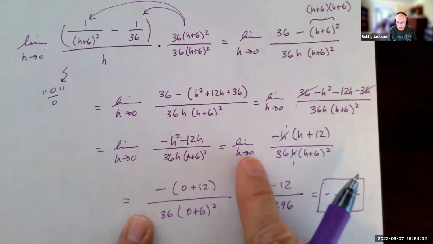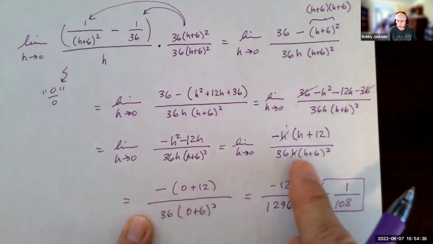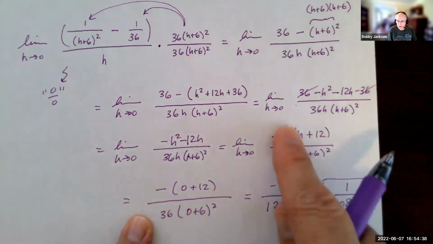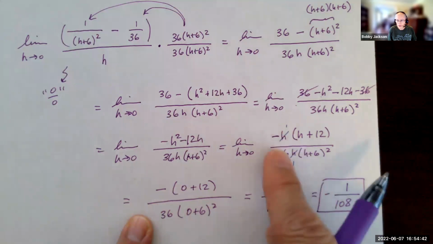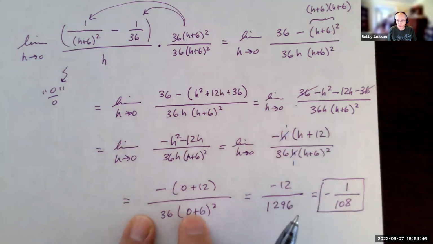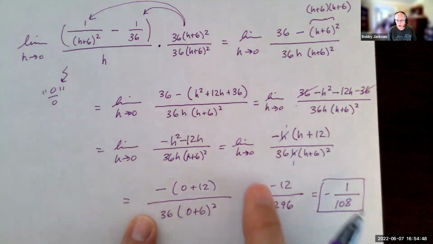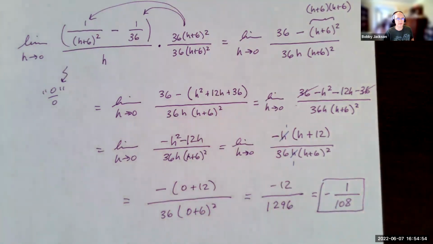Why? Because I've evaluated the limit by doing direct substitution. After we divide numerator and denominator by h, this function is continuous at 0. So we can evaluate it by direct substitution, and that's how we get the value. So keep your limit signs until you plug in and then give the exact value. Okay, hope this helps on this one.